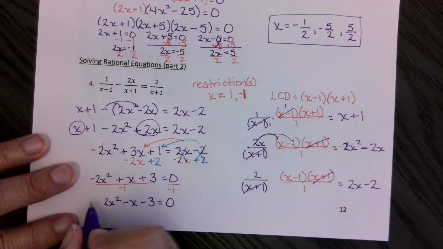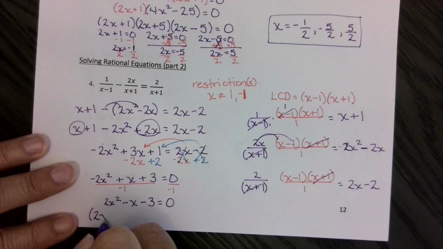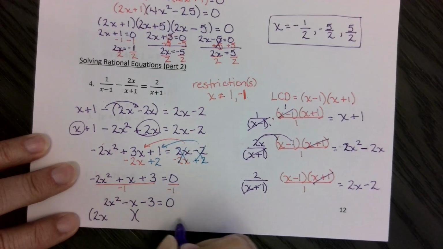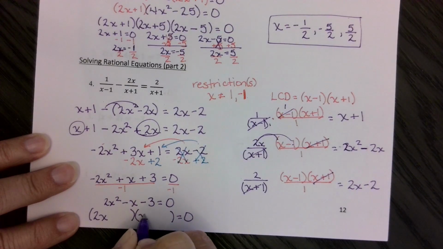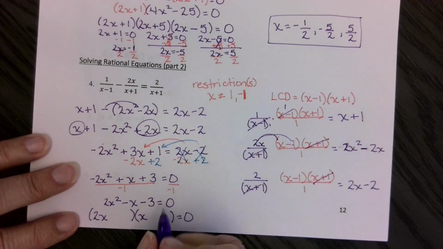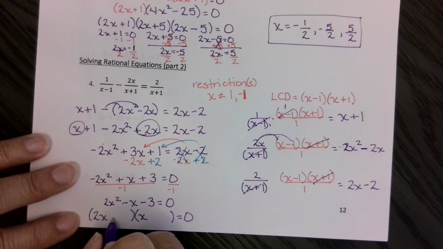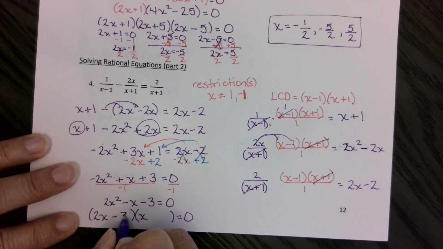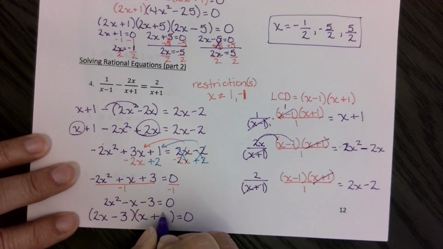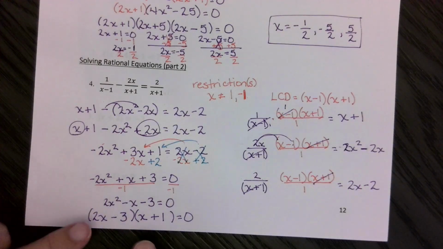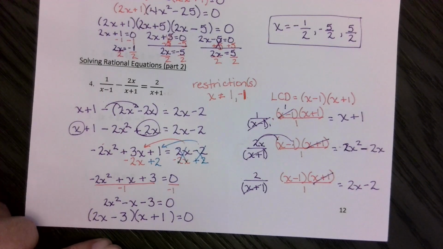So now I'm going to factor. 2x, again, if you want to do AC method, that's perfectly fine. 2x and x. My signs are different. The only way I can get 3 is 1 and 3. So I'm going to put my minus 3 here and my plus 1 here. I just need to double check to make sure that I factored correctly.